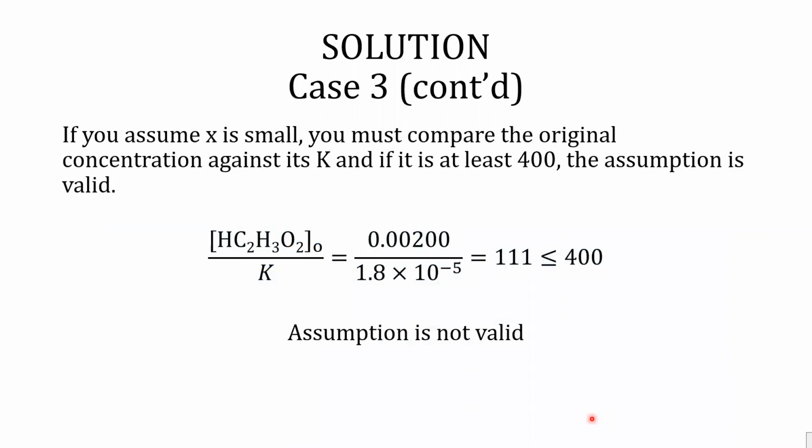To determine if x is small, we take the initial concentration of acetic acid, or HC2H3O2, and divide by the Ka value to determine if x is small enough to ignore. If one takes 0.00200 and divides by 1.8 times 10 to the minus 5, the answer is 111, which is less than 400.